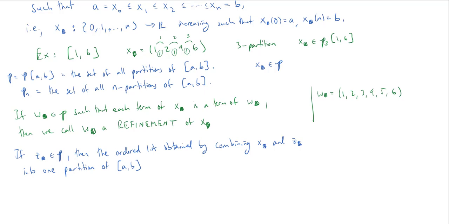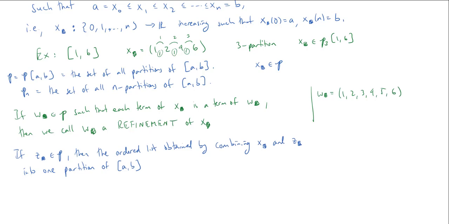And so because I'm combining these, I'm going to get more stuff, and each of these original partitions is going to have this more stuff partition, the one that combines them, as a refinement.